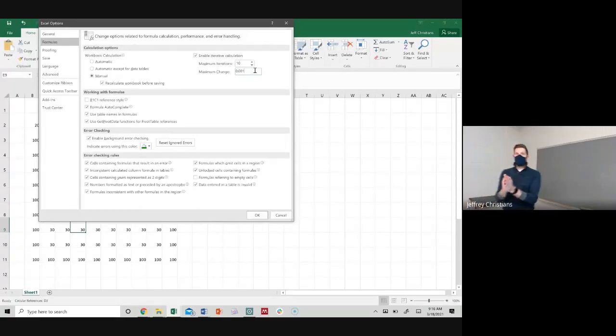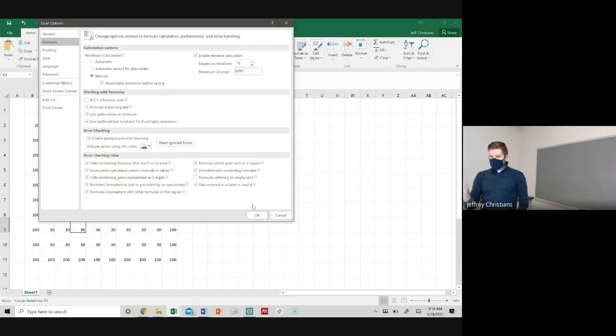So if it calculates, okay, it's 45.539, and the next time it's 45.5395, it says, okay, that's close enough, we'll stop. So you can change what sensitivity you want, how close to the last value is close enough.